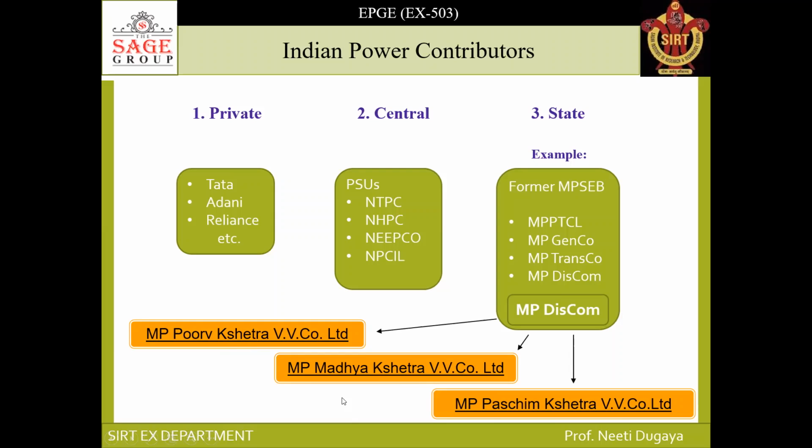According to my locality, it comes under Madhya Kshetra. So all of you can check your electricity bills also. They have shown it there, so you can easily identify your power contributor, the company from which you are receiving electricity.